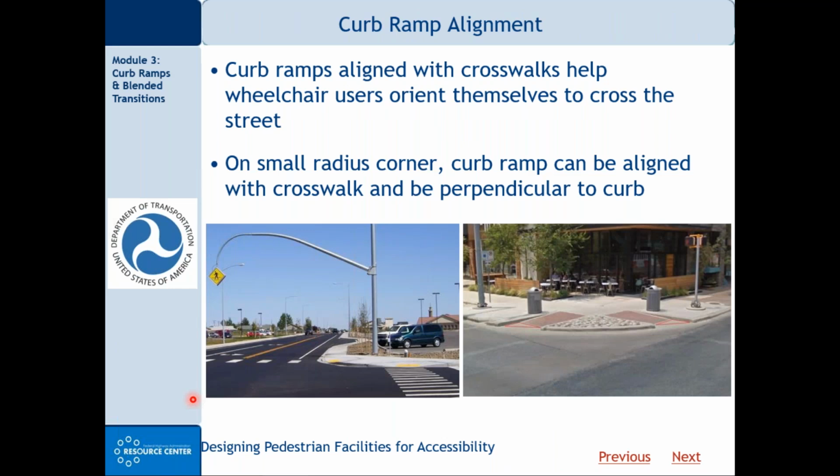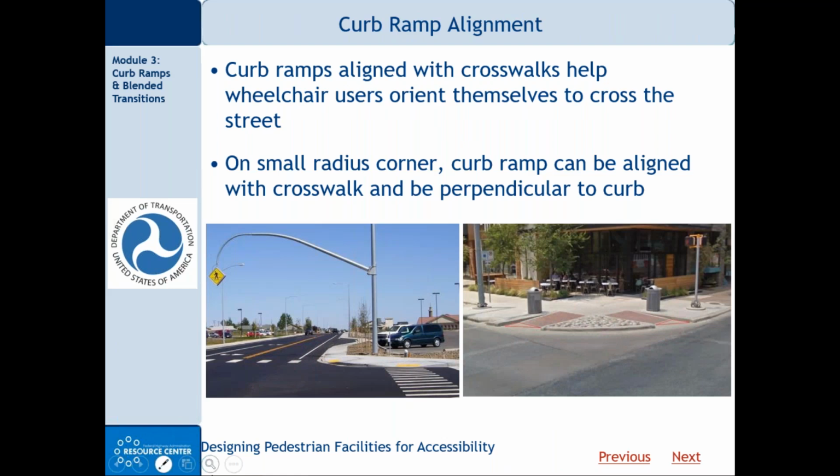One is curb ramp alignment. Obviously, the curb ramp should be aligned with the crosswalks to help wheelchair users orient themselves to cross the street. And on small radius corners, like you see in both of these photos here, notice that it's relatively easy to have the curb ramps line up with the crosswalk.